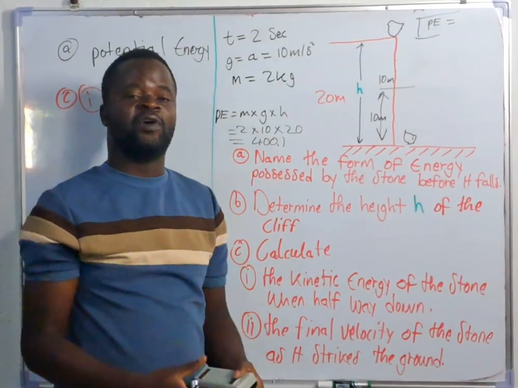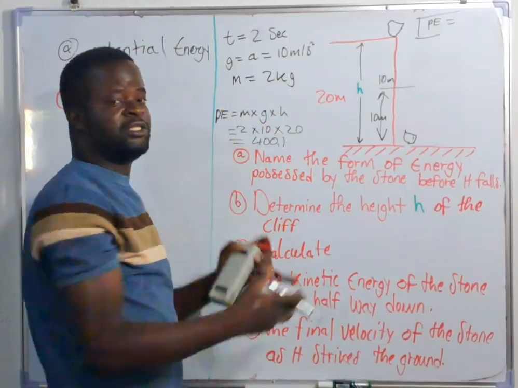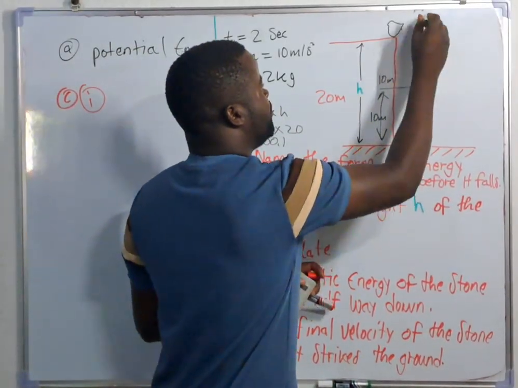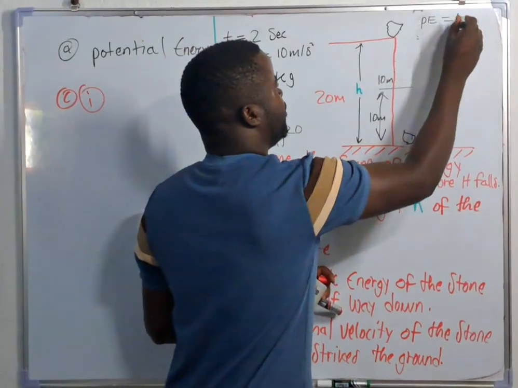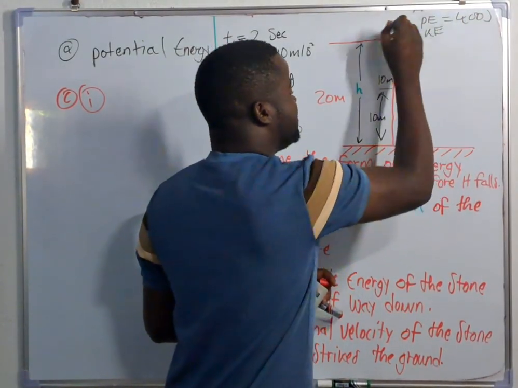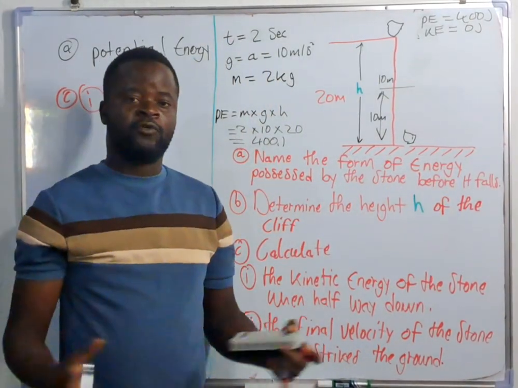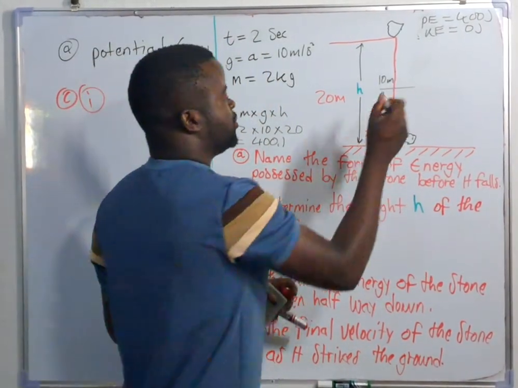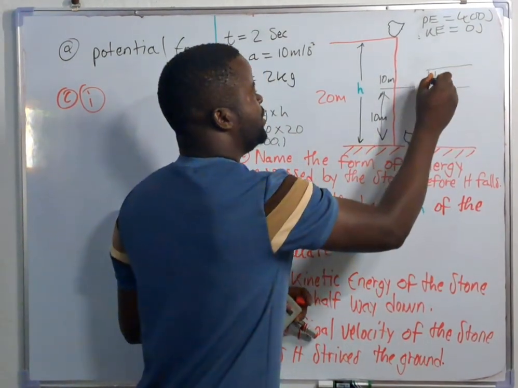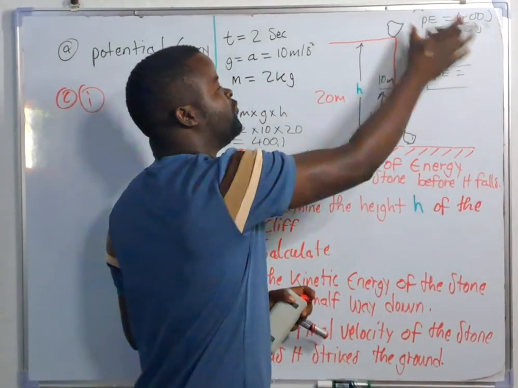It is asking us to find the kinetic energy, because the object is in motion. Therefore, on top of the building, the value of PE is 400 joules, but the value of KE is 0 joules. Remember, the law of conservation of energy. So as the stone reaches halfway down, the potential energy is half of what is on top.